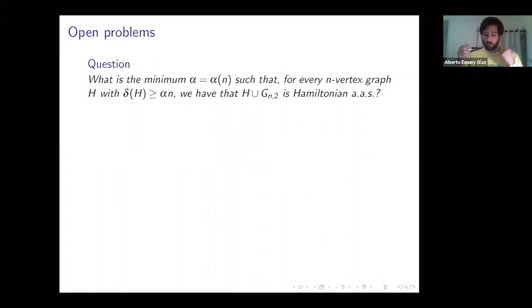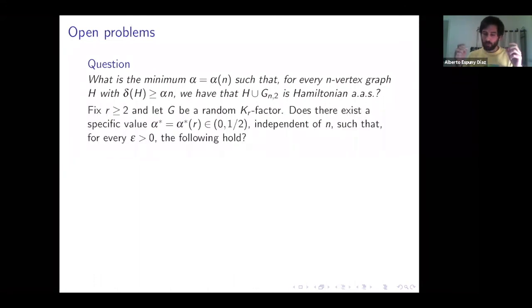So what we have proved is that log n over n to the power of 1/4 suffices, but we don't know if this is the minimum possible or whether this is very far. The best lower bound that we have is very far from our upper bound, so this would be an open problem.